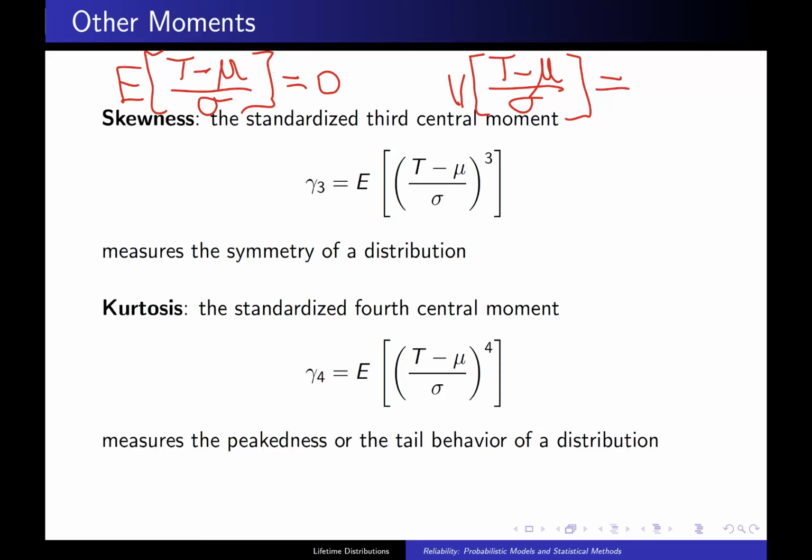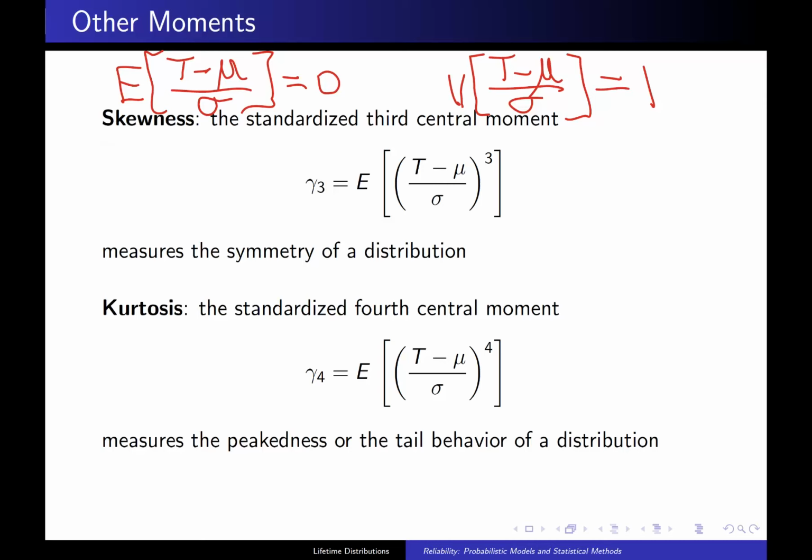So sigma squared divided by sigma squared is 1. So this t minus mu divided by sigma is a random variable that has expected value 0 and variance 1. Once again, this often gets applied only to the normal distribution, but in fact this applies to all random variables.